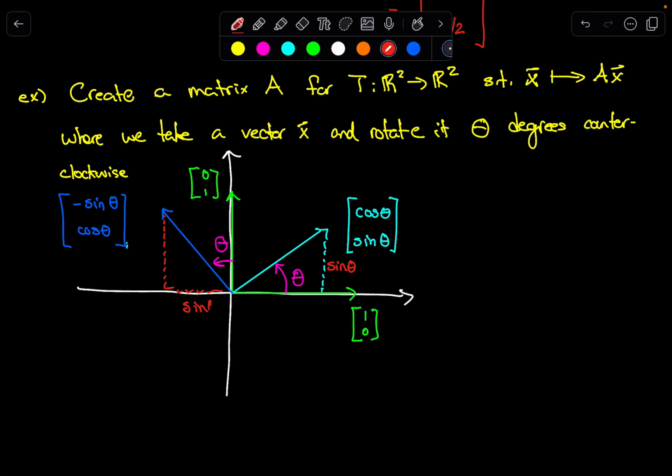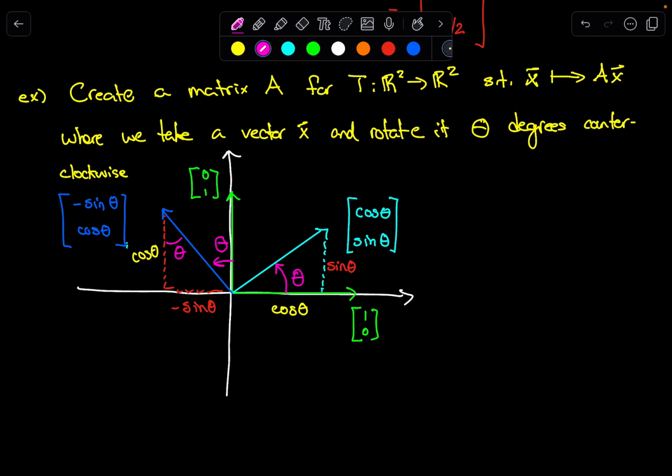This is what sine theta was before, but we're in the negative direction, so it's going to be negative. And likewise, if this was cosine theta before, then that's going to make this height right here cosine of theta as well, because this angle theta is the same as here if I put a theta there, by similar triangles and things of that nature.